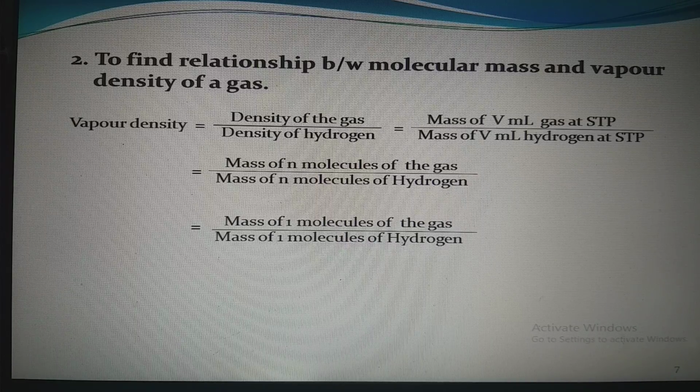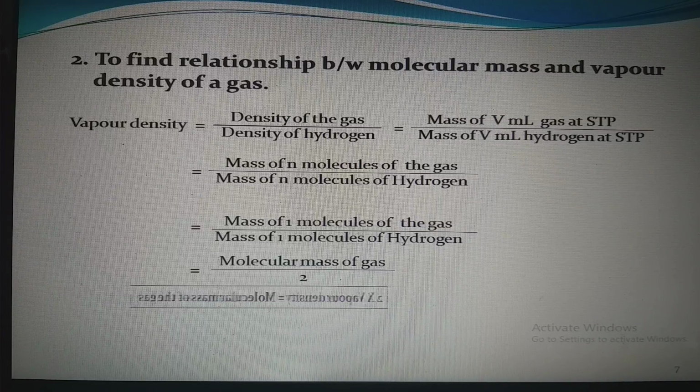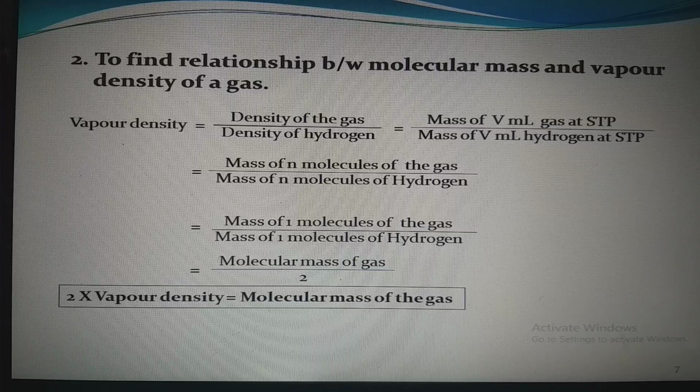So our formula becomes molecular mass of the gas divided by 2. From this, after cross multiplication, we get 2 into vapor density is equal to molecular mass of the gas.